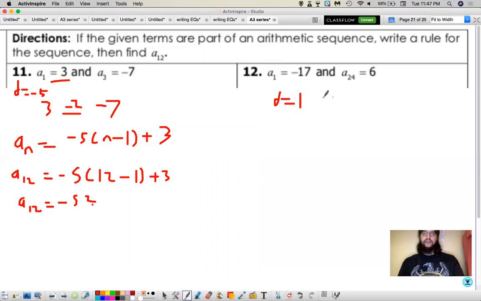And a sub 1 is -17. So a sub n is 1 times n minus 1, minus 17. a sub 12 would just be 11 minus 17, which is -6.